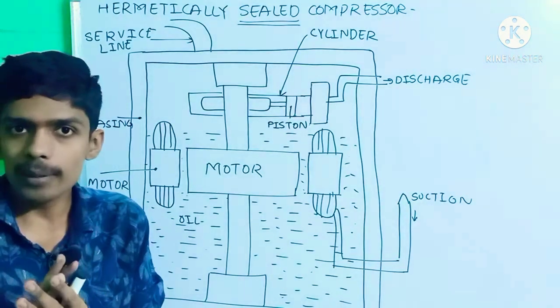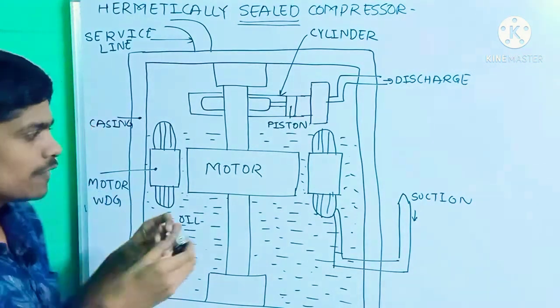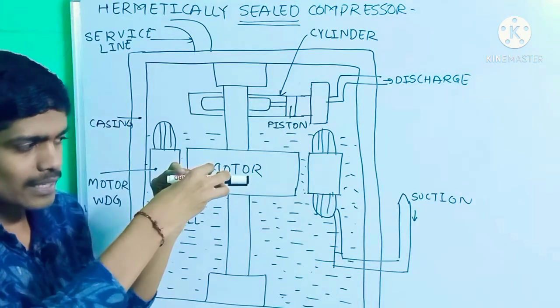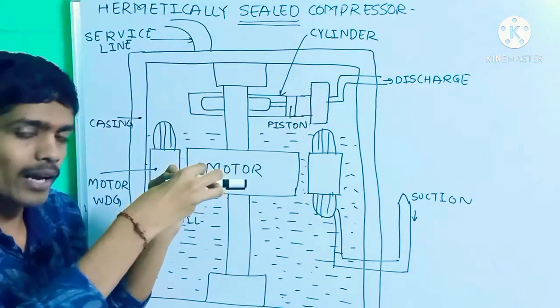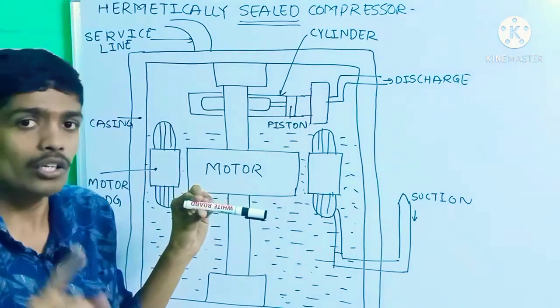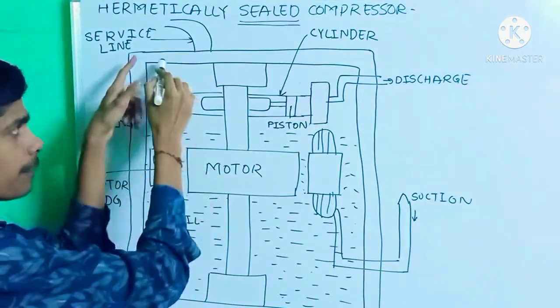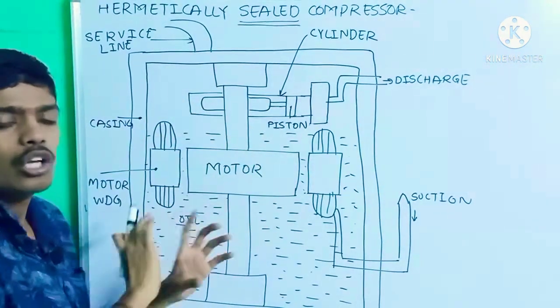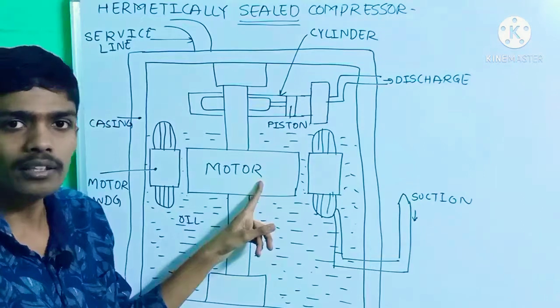Now in the open type compressor, how is it? If this is a housing, the power shaft extends through the housing, therefore a crankshaft seal is required there in the open type compressor. But here it is completely sealed. Your motor and compressor are in a single casing, so a crankshaft seal is not required in this case.